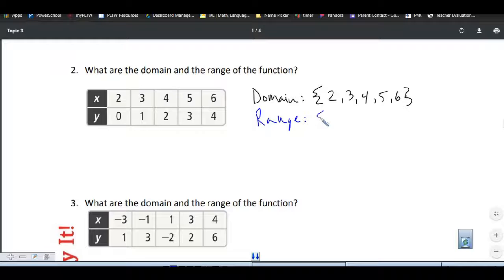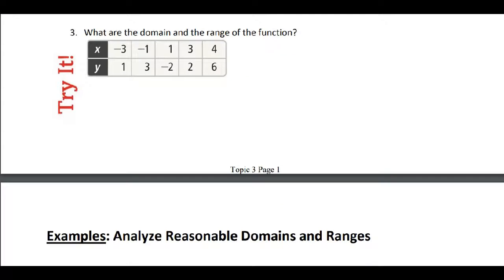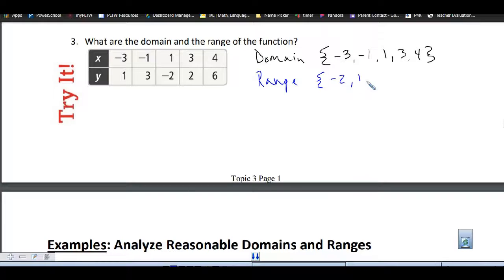The dependent, the output, the y values, 0, 1, okay?